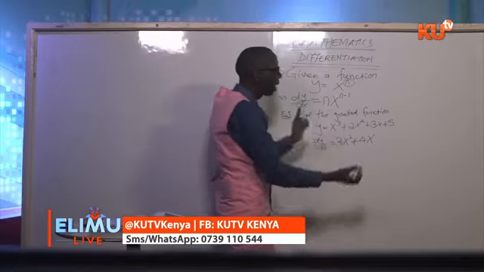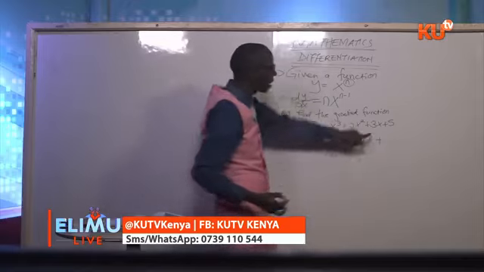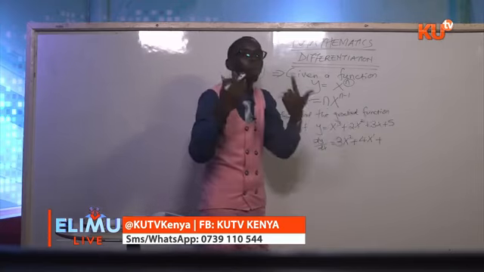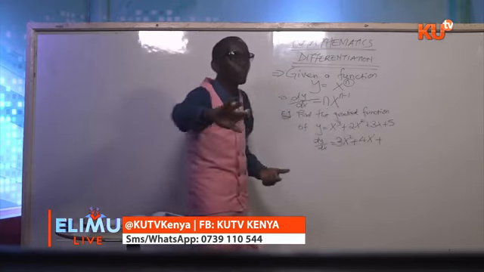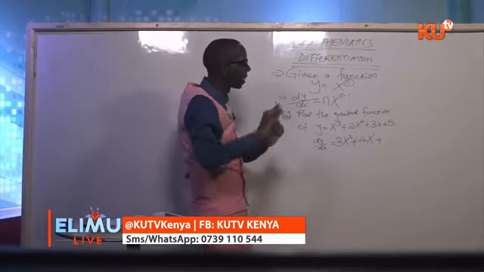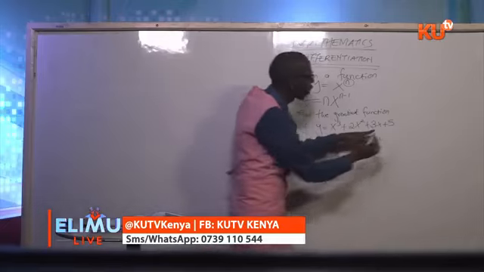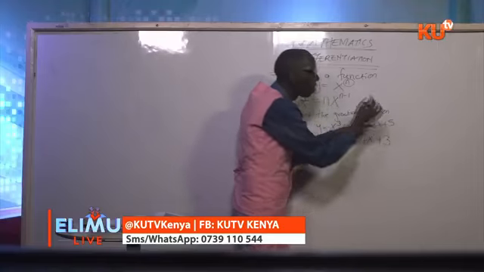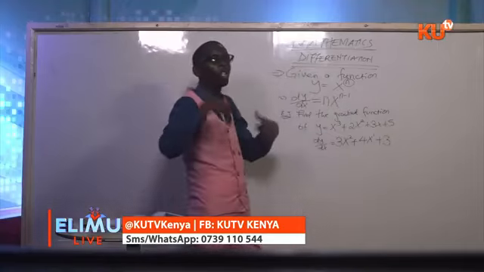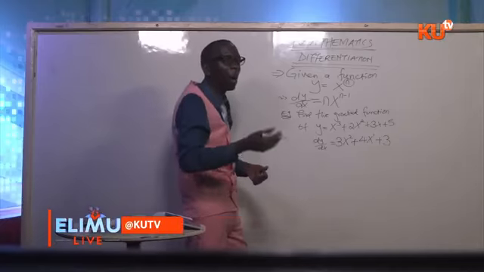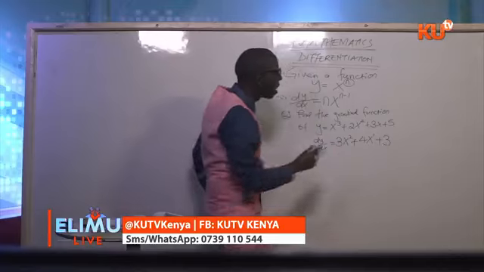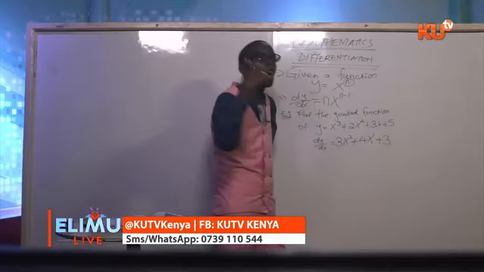then plus, if there is 3x and x has no power, the x ceases to exist, and therefore here we'll just have plus 3. Then there is a 5 that has no x.